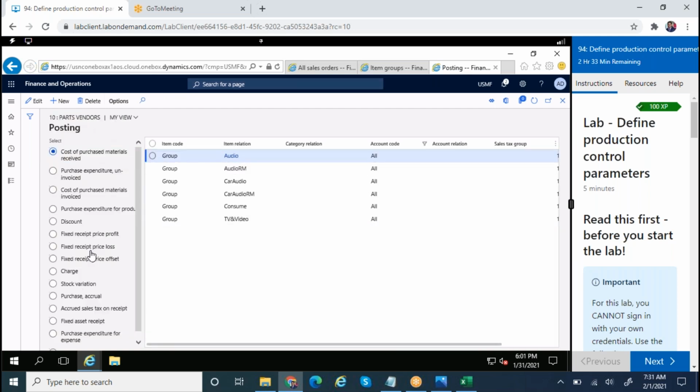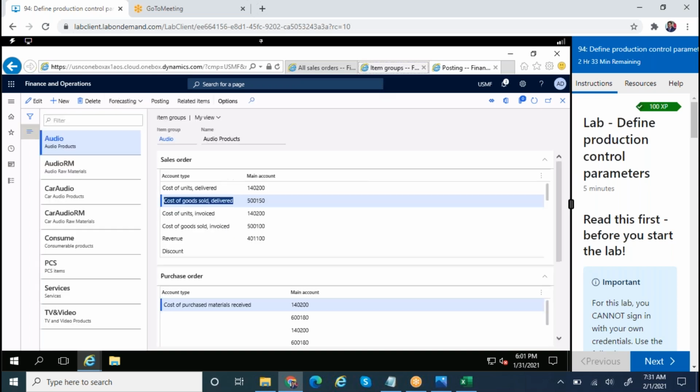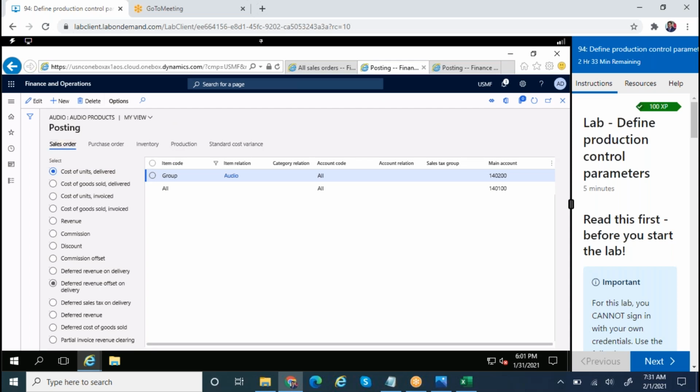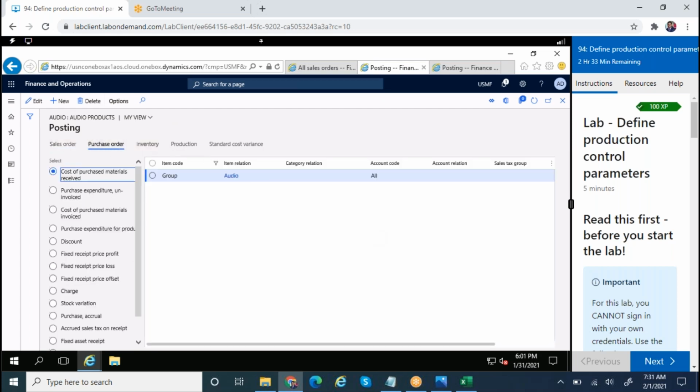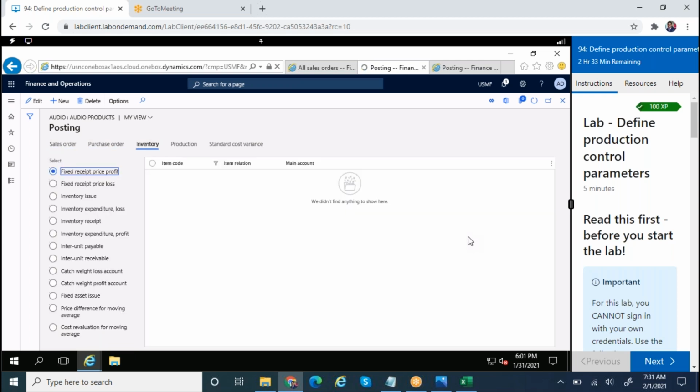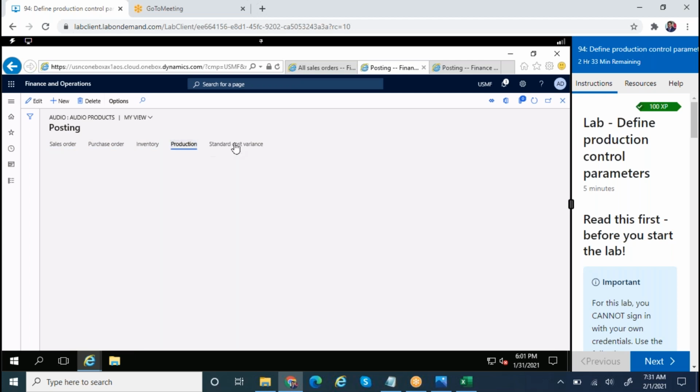This is purchase order tab. If you are opening from item group postings, it will show sales order setups, purchase order tabs, item related, production related, everything is coming.